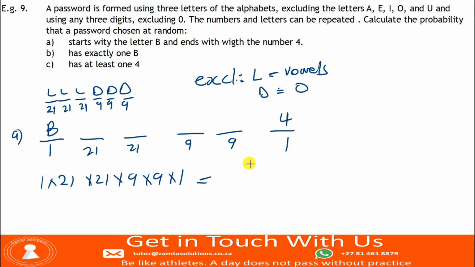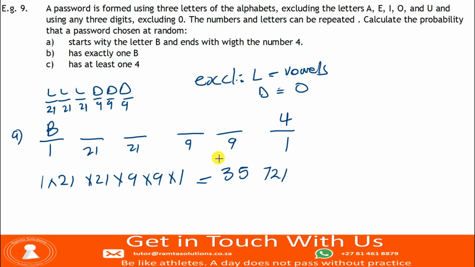What is it? Let's see. So this is 21 squared multiplied by 81, which is 35,721.